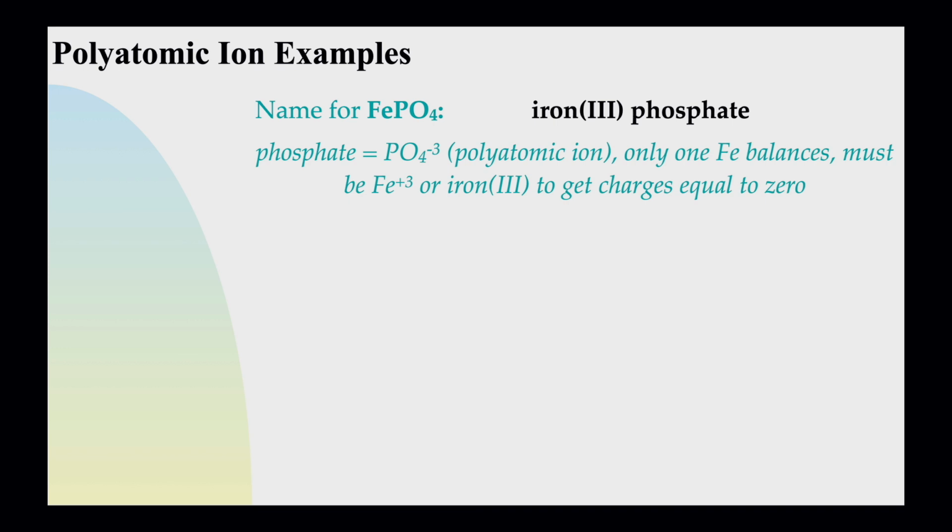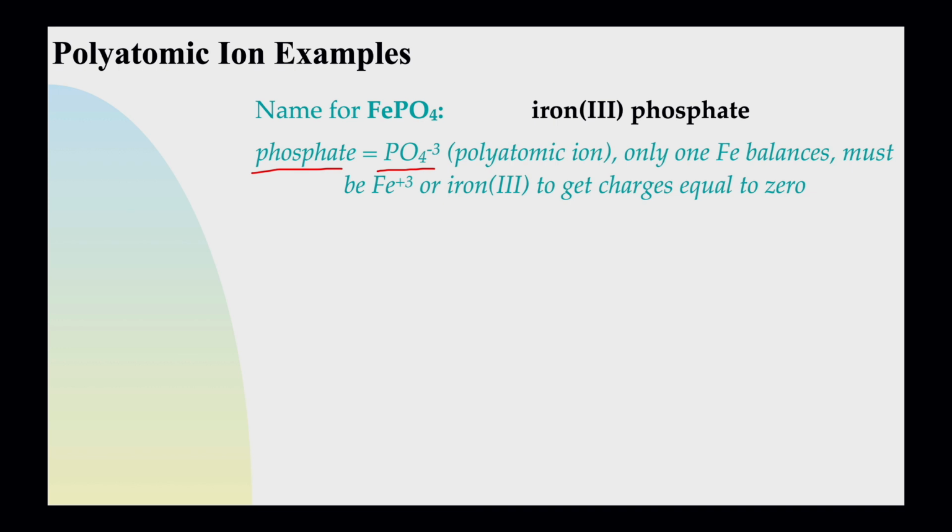If you wanted to name FePO4, first of all, you have to realize that phosphate is PO4 with a -3 charge. And again, you can see that a polyatomic ion is there because you've got more than 2 types of atoms. You've got iron, phosphorus, and oxygen. So phosphate, -3, there's one of them to balance an iron.